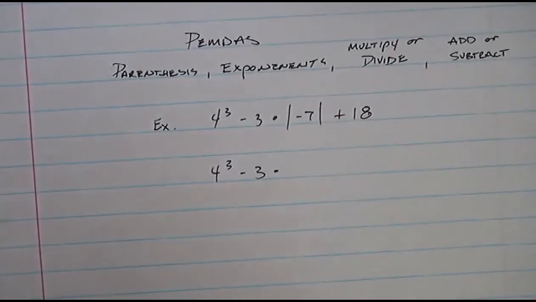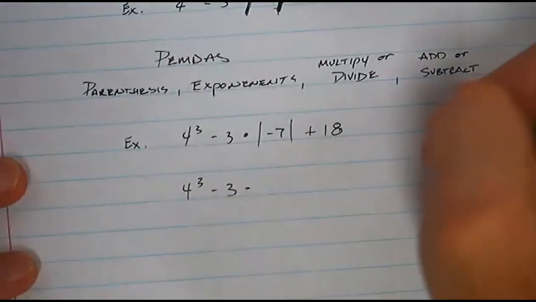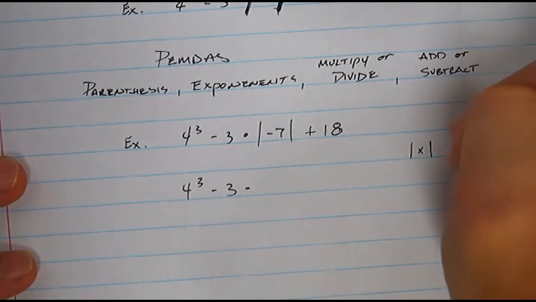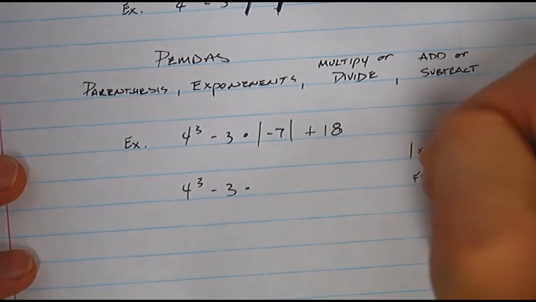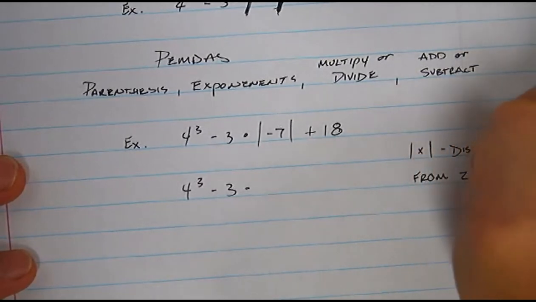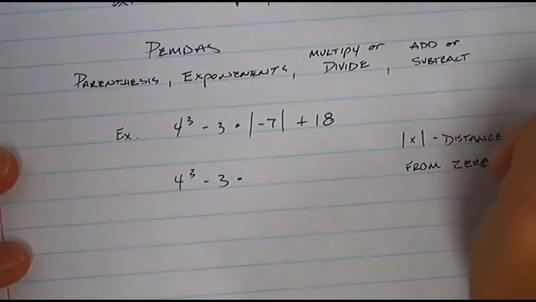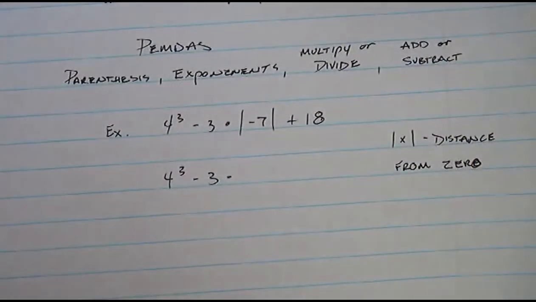Now, the easy part of that is absolute value is just a distance from 0. Whatever number you have in there, you're basically just talking about the distance of that number from 0.